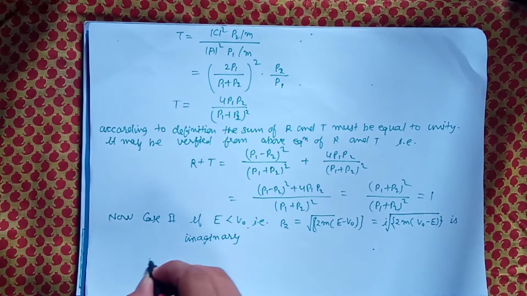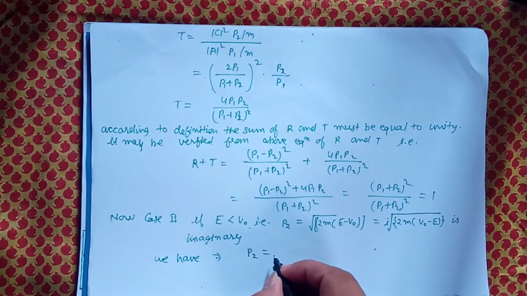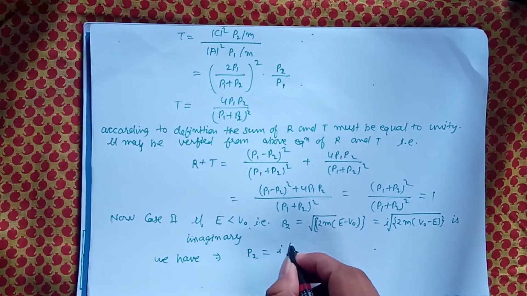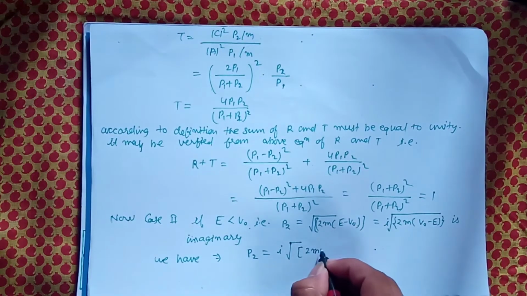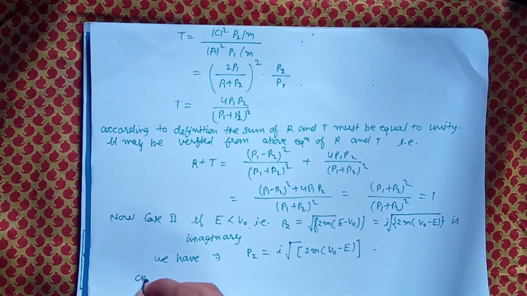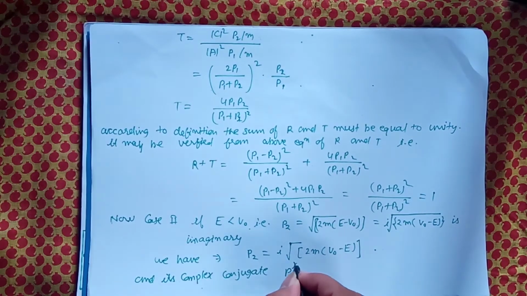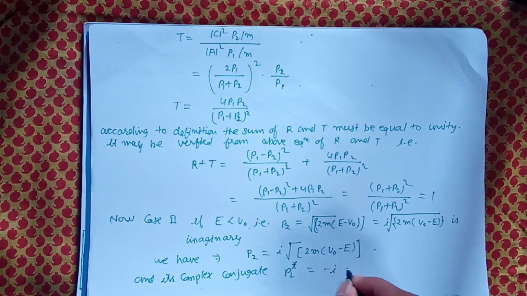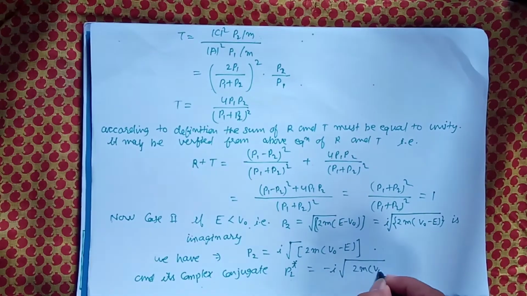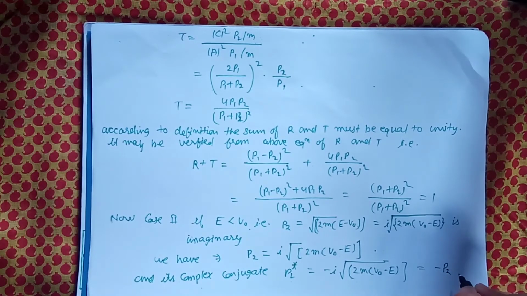Now we have P2 is equal to iota under the root 2 (V naught minus E) and its complex conjugate P2 star is equal to minus iota under the root 2 (V naught minus E), that is equal to minus P2. Screenshot le lijiye, phir chalte hain aage.